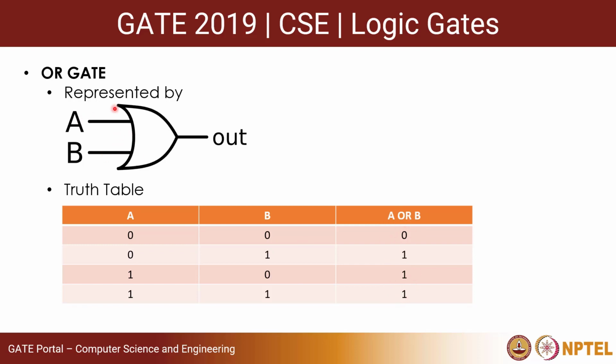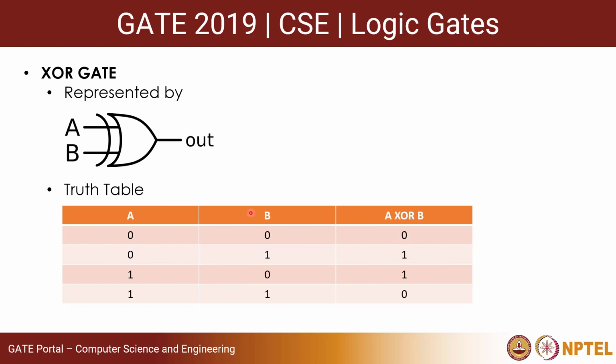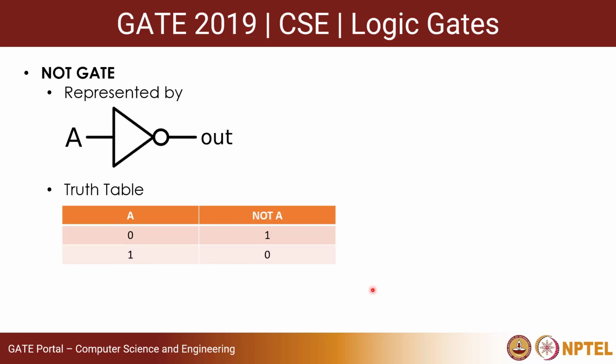The OR gate is represented by this symbol. It shows if either of the bits is 1, the output is 1. The XOR gate is denoted by this symbol. It shows that only one of the bits should be 1, then the output will be 1, otherwise the output is 0. The NOT gate is represented by this symbol. It flips the bit, so 0 becomes 1, 1 becomes 0.